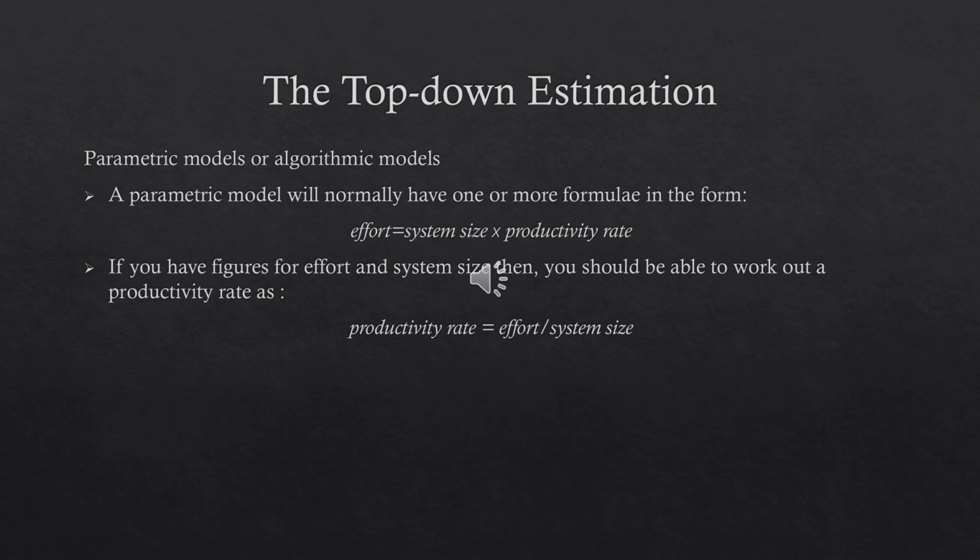It can be calculated as productivity rate is equal to effort divided by system size. In the above equation we calculated the effort. Suppose we know the effort and system size and we want to calculate the productivity rate. For that, we can use the parameters effort and system size, and the productivity rate can be calculated. Okay.